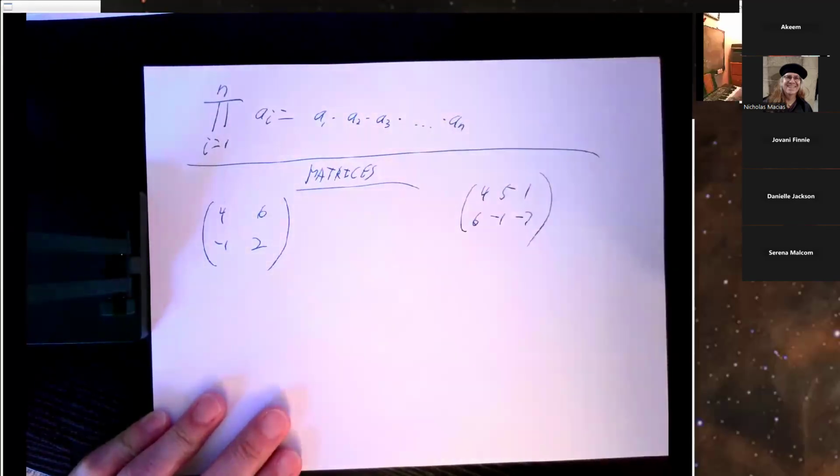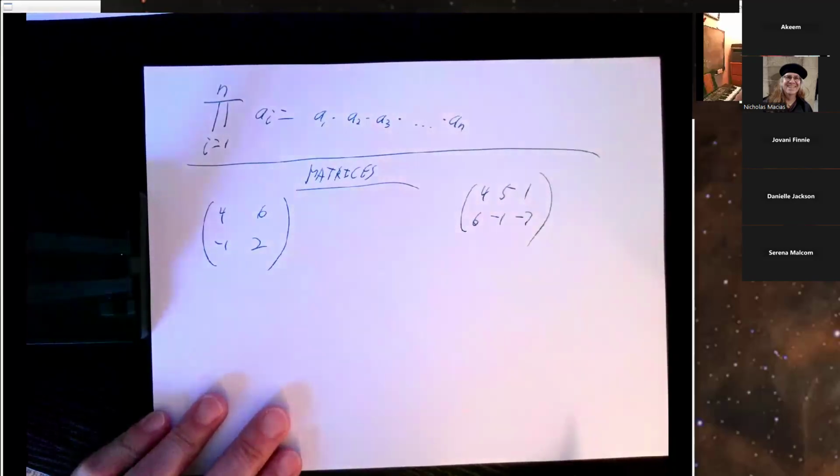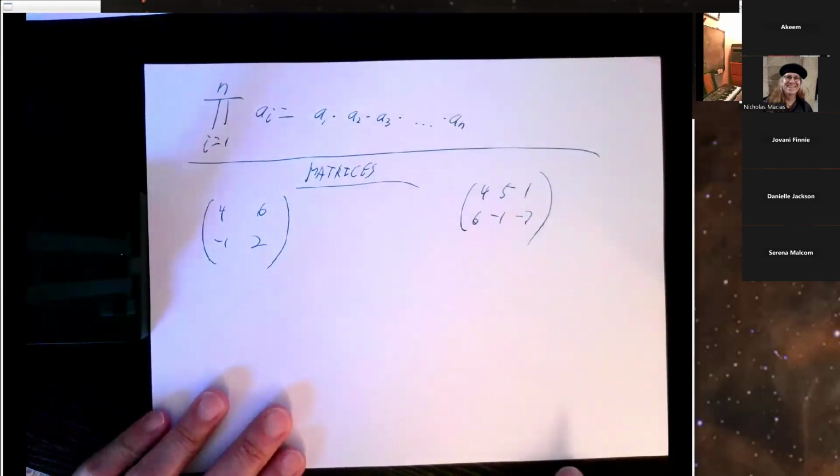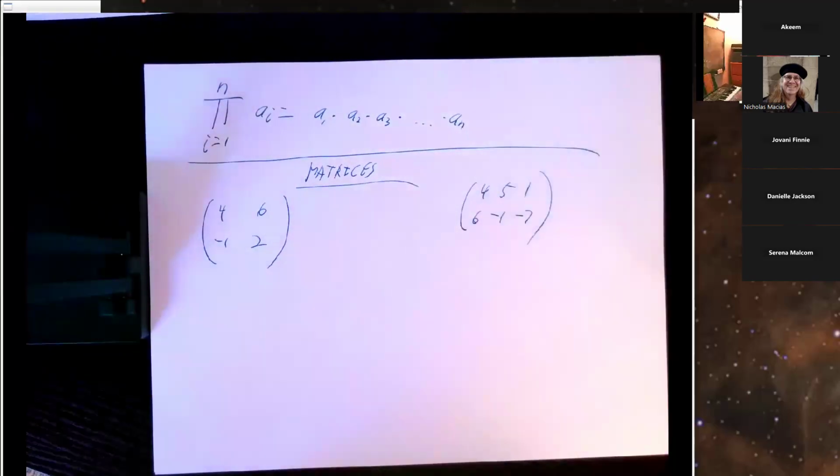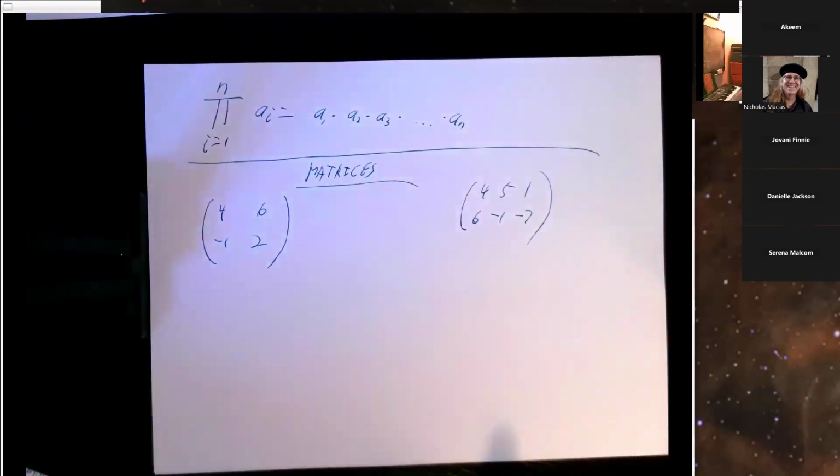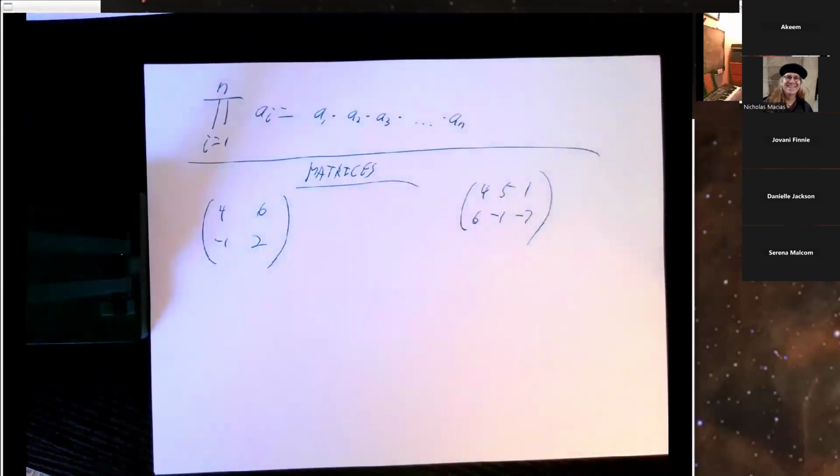This is a 2 by 3 matrix, 2 rows, 3 columns. And the things in here, I'll usually write them as integers, but they could be real numbers. They could be complex numbers. They could be functions. They could be other matrices. They could be pretty much anything we want. But for here, we'll just think of them as just being numbers.